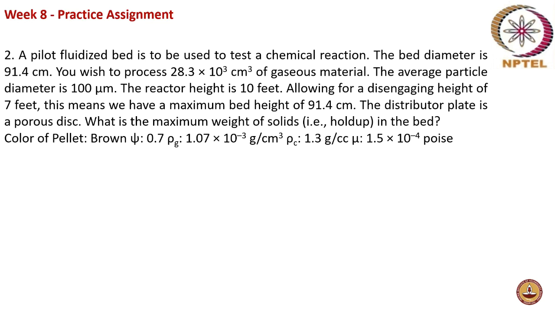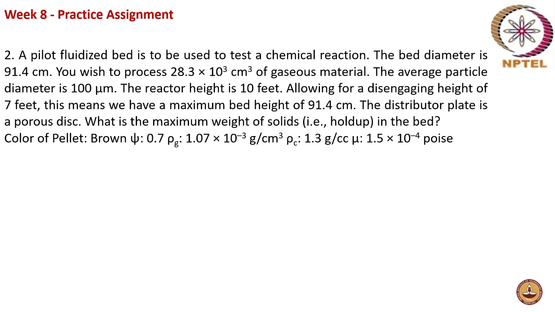So it's a fluidized bed reactor, correct? Yes, ma'am, it's a fluidized bed reactor. That is the basic information, because in the first sentence itself they have given a pilot fluidized bed, right? They've given the diameter of the bed, which is 91.4, and then they have to process a gas of 28.3 into 10 power 3 centimeter cube.